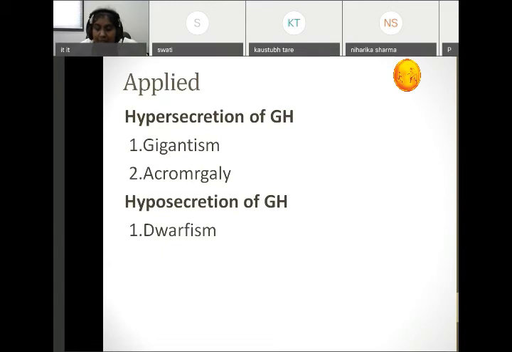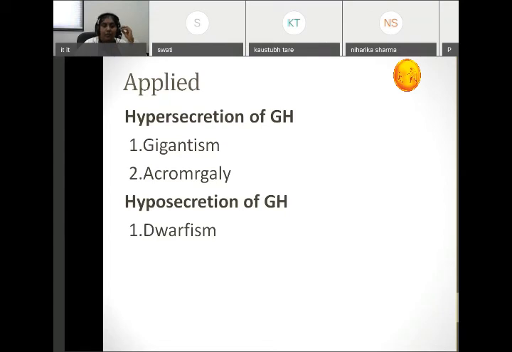In acromegaly, what happens? There is also increase in the growth hormone, but after puberty, when the epiphysis fuses with the shaft. Write down the clinical features. First, there is bossing of forehead. Second is gorilla-like face.